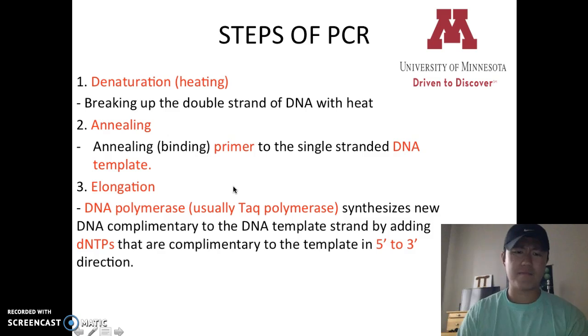I know there are cases where PCR can use a different DNA polymerase, but most of the time it's going to be Taq polymerase because it's a very good polymerase for us to use in PCR. So it's very common. It synthesizes new DNA complementary to the DNA template strand by adding dNTPs that are complementary to the template in the 5' to 3' direction.